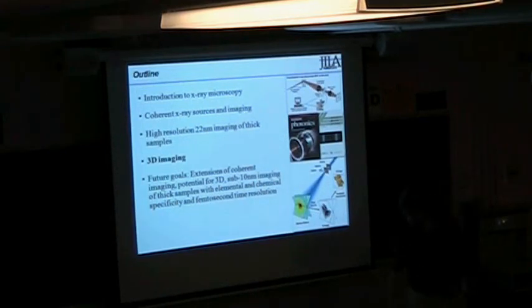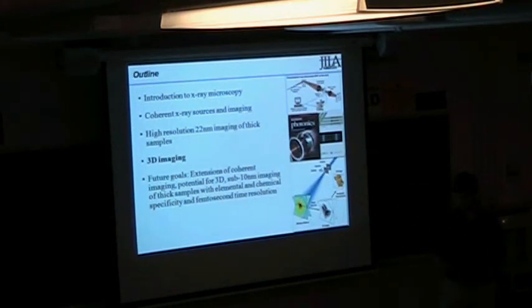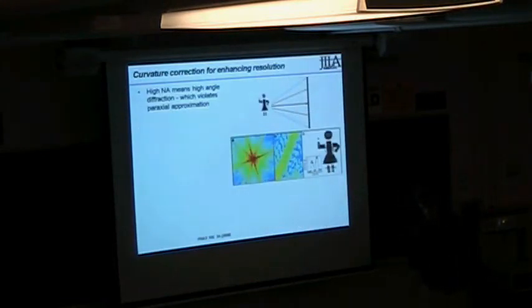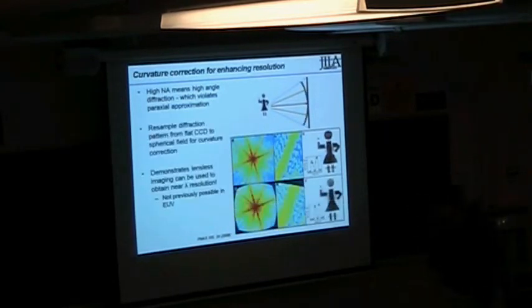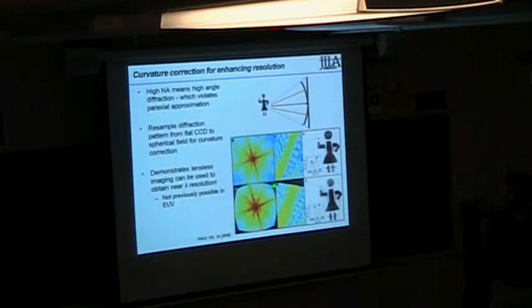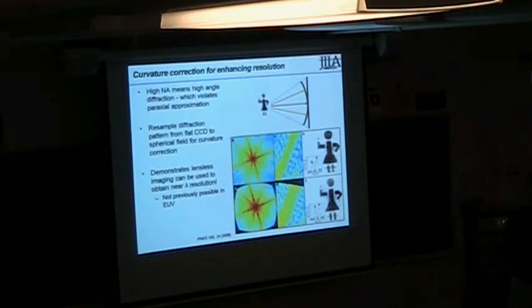So then I want to tell you about how we extended our data analysis to actually get some 3D information. This started a couple of years ago. One of our collaborators at UCLA was reanalyzing some of our data and noticing that what we've been doing is something that we call curvature correction, where if you violate the paraxial approximation in what angle you collect the pattern to, you no longer have something that's linear in spatial frequency.